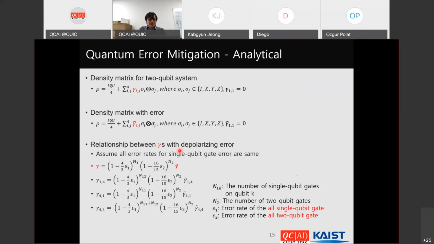Basically, we can consider some decoherence errors, one of them being a depolarization error. If you have two qubits, we can have an analytical form, but this is just an analytical form that doesn't tell all the complex nature of the classical and the quantum computation.